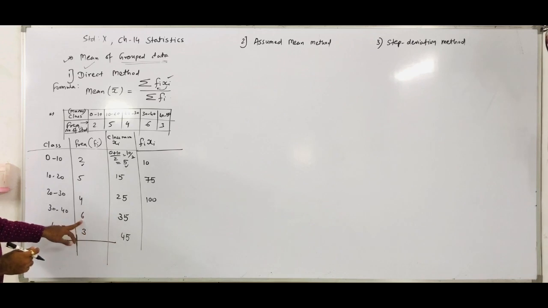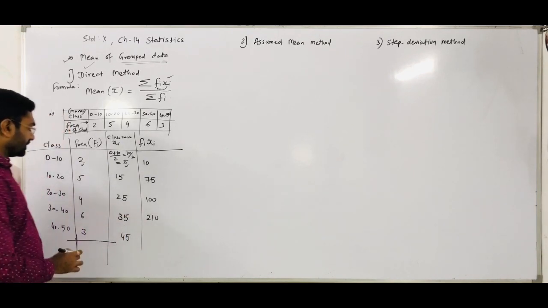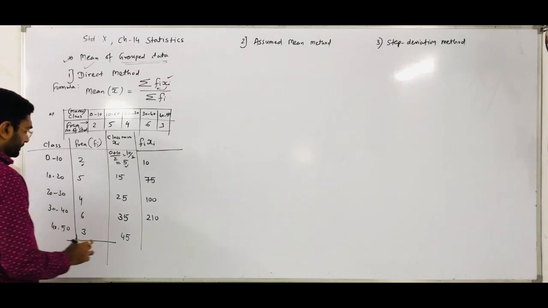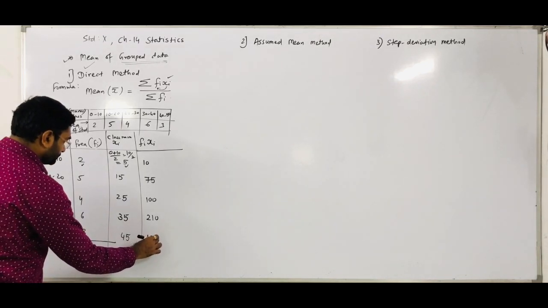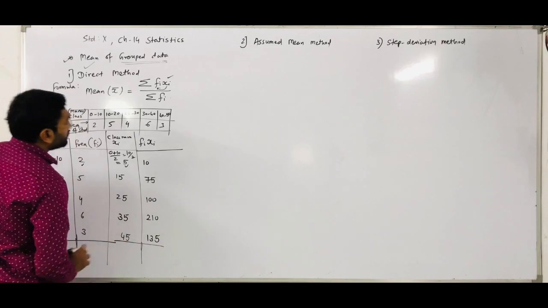Now 35 6s: 35 2s are 70, and 7 3s are 210, right? And 45 3s: 45 2s are 90, and 90 plus 45 is 135, right? So 135.